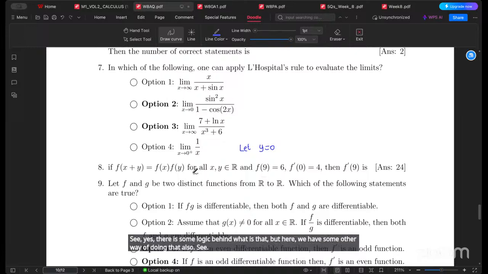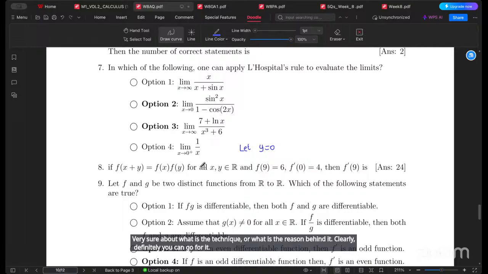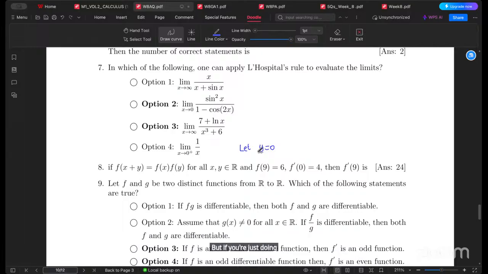Whenever you are assuming something, there is a risk that it is wrong. If you are very sure about the technique and the reason behind it, definitely you can go for it. But if you are just doing it with assumptions or samples, then please don't. We may not end up with the correct answer. What you are saying has some logic behind it, but let's not use that.